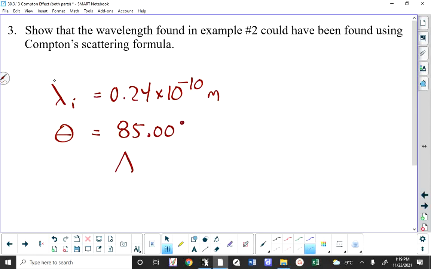So we can calculate delta lambda using h over mc times 1 minus cosine theta. And because this formula is a really wacky looking formula, I'm going to show my substitution here. It's not a formula that you're accustomed to in terms of the structure. We don't normally have formulas where you have something times a binomial, basically, in physics.